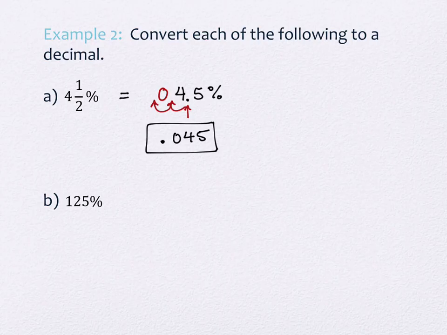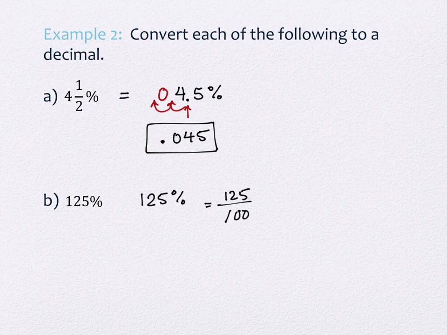All right, this next one, 125%. We're going to write that as its fraction form, so this is method number 1 that I mentioned, over 100. So 125 over 100, and then we will write it out so that we can see it. 125 has the number 100 going in one time, and then there's a decimal point after that.